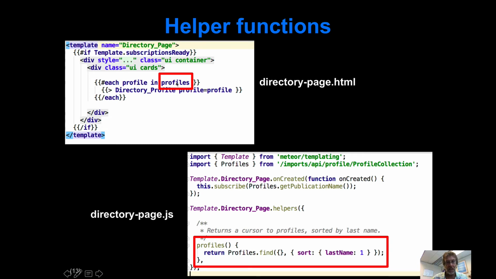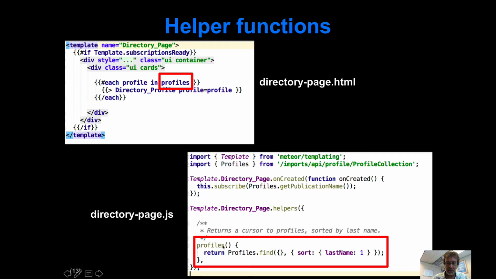And the way we get the value for profiles is inside another JavaScript file. We have something called Template.directoryPage.helpers, which is essentially syntax saying that for the template called directoryPage, we're going to establish an object that contains a list of functions. Here's one of them.